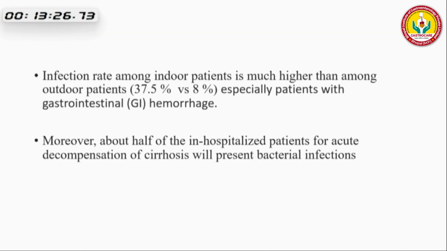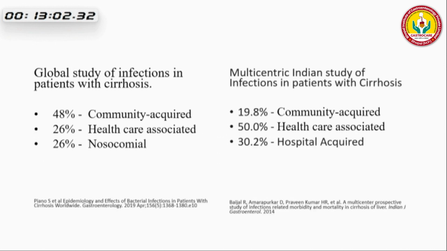If you look at the outdoor and indoor patients, the prevalence of infection among the indoor patients is about 37% vis-a-vis about 8% in patients coming to our OPD. These infections are mostly in patients who present with GI bleed. About half of the hospitalized patients for acute decompensation of cirrhosis have infections at presentation, which was discussed by Dr. Akash in his presentation.